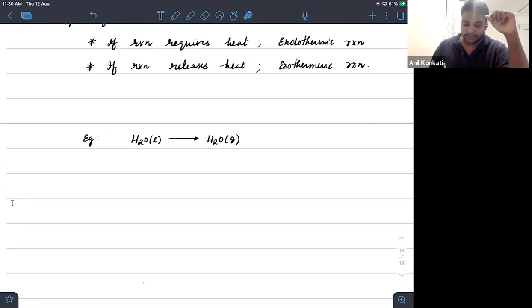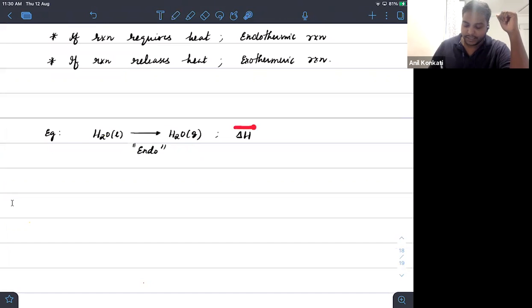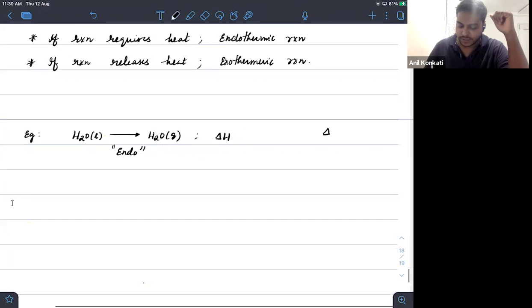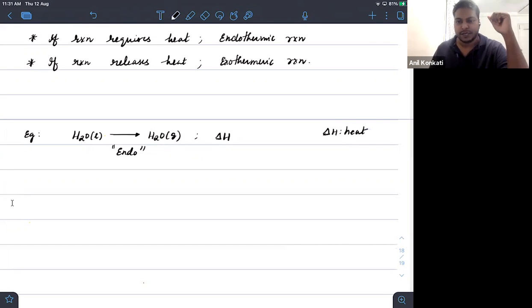Now in this case, to convert liquid to gas, we require energy, which makes this an endothermic reaction. Write it as endo, which means it absorbs energy, and we represent the heat as delta H. अब इसे ये समझ लेना, whenever I use the word delta H, it means change in heat.